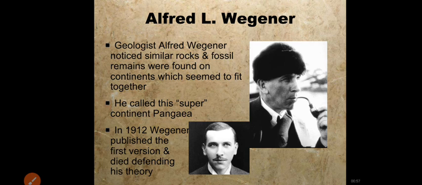Wegener saw similarities on different continents, and based on that evidence, he disclosed that all the Earth's land masses were once together. He termed the whole supercontinent Pangaea, which means all land.